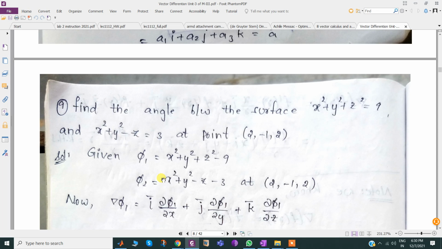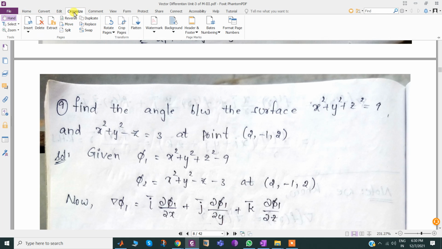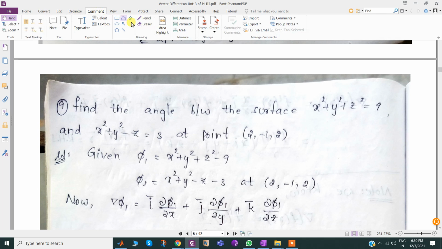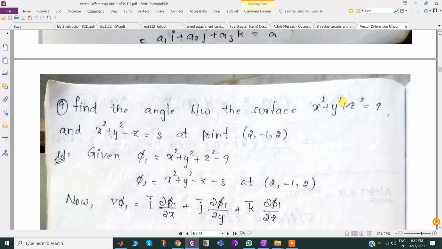Let phi 1 be a surface, phi 1 equals x square plus y square plus z square minus 9. Another surface, phi 2, equals x square plus y square minus z minus 3.